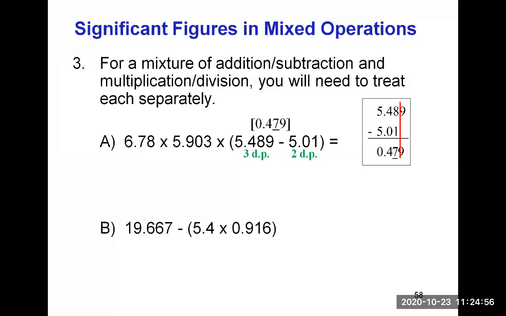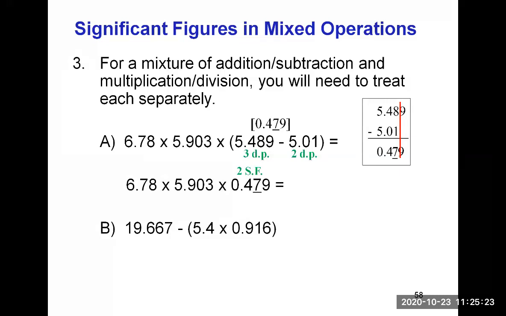Next, you need to do the multiplication, and then the rule changes. The rule is changing, and you need to use significant figures when you're doing multiplication. So let's find out the number of sig figs. First of all, the 0.479 has 2 significant figures.